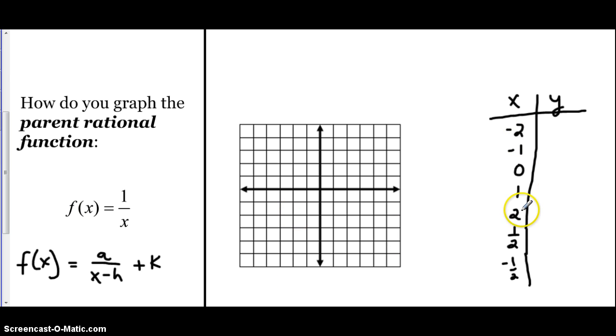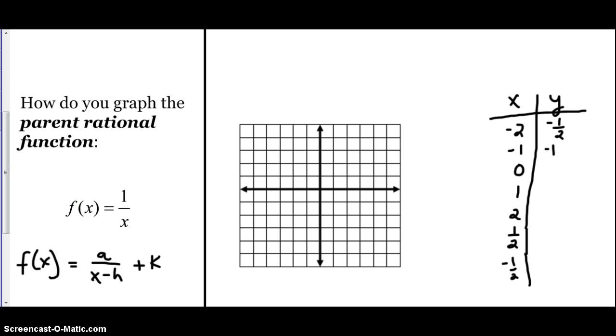Okay, so here are some values that I chose. If I input -2 for x, I have 1 over -2, so that would make that -1/2. And then if I input -1 for x, I have 1 over -1, which would be -1. And then if I tried to input 0 for x, that's impossible.